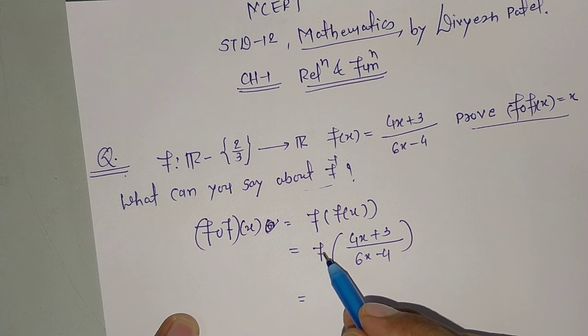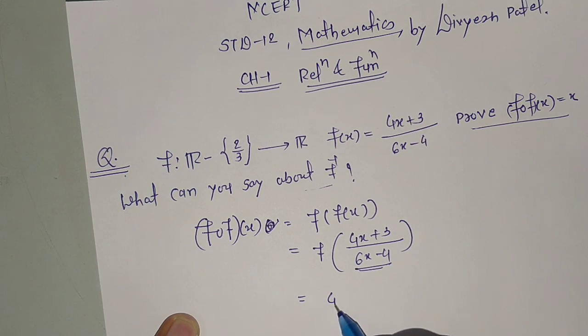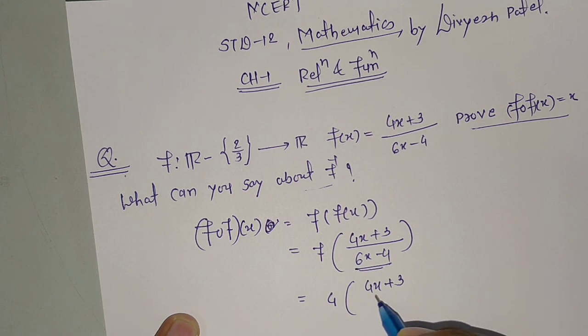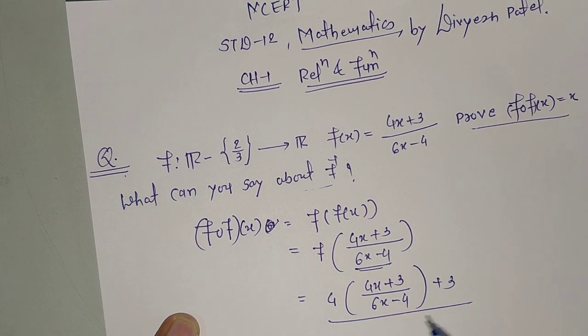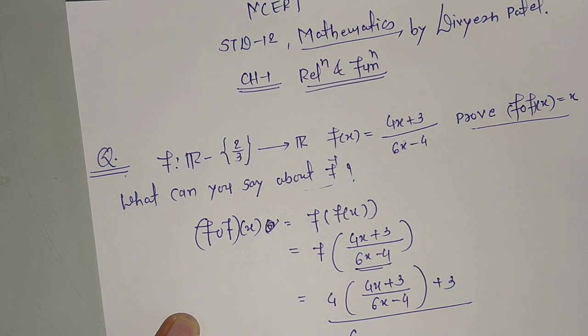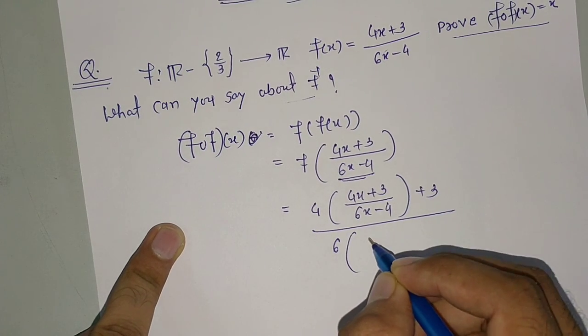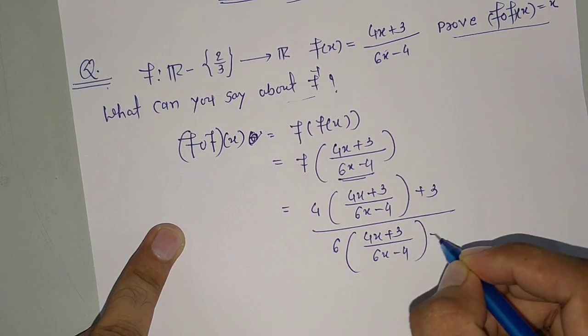Now in the function f, wherever we find x we replace it with (4x + 3)/(6x - 4). So we replace this x by this whole term, which is (4x + 3) upon (6x - 4), in 4x plus 3 upon 6x minus 4. Again this x will be replaced with (4x + 3)/(6x - 4), so again 4·(4x + 3)/(6x - 4) plus 3 upon 6·(4x + 3)/(6x - 4) minus 4.